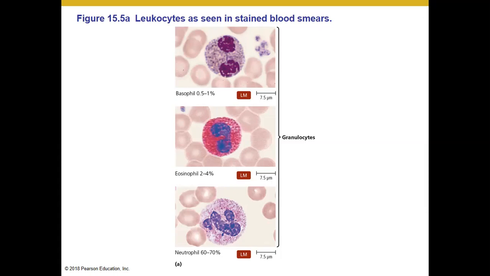Neutrophils mainly are phagocytes. Eosinophils and basophils are releasing compounds such as histamine and heparin. So they play a major role in inflammation. And if any of you have allergies, these cells are also contributing to some of the unpleasantness that you experience with allergies.